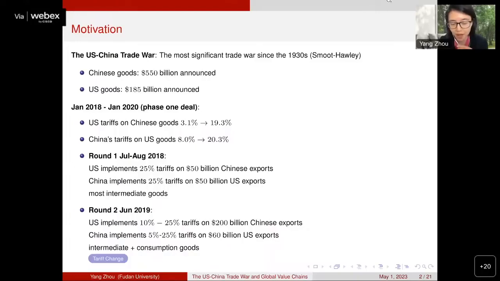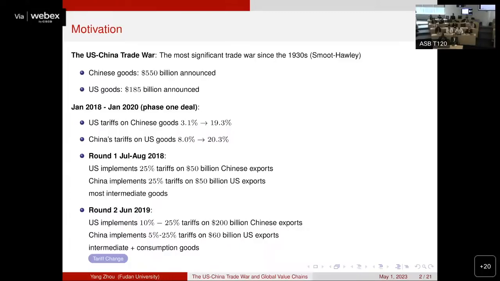At the same time, China's tariffs on US goods increased from 8% to 20.3%. Nowadays, the tariff level is still pretty close to the level in January 2020. So basically, tariffs didn't change much after the phase 1 deal.